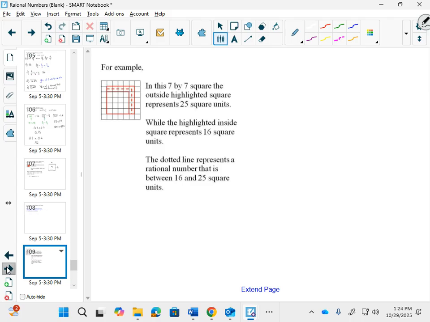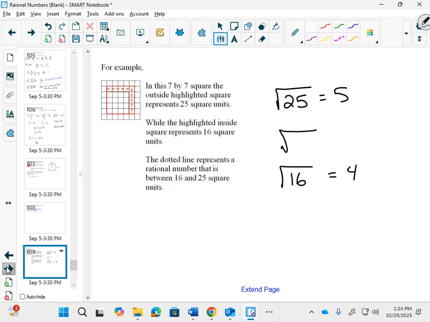So what they're saying is the following. We can now maybe do some estimates. If you had a square of 25, its side length is 5. If you had a square with an area of 16, its side lengths would be 4. The dotted one is bigger than 16 but smaller than 25.